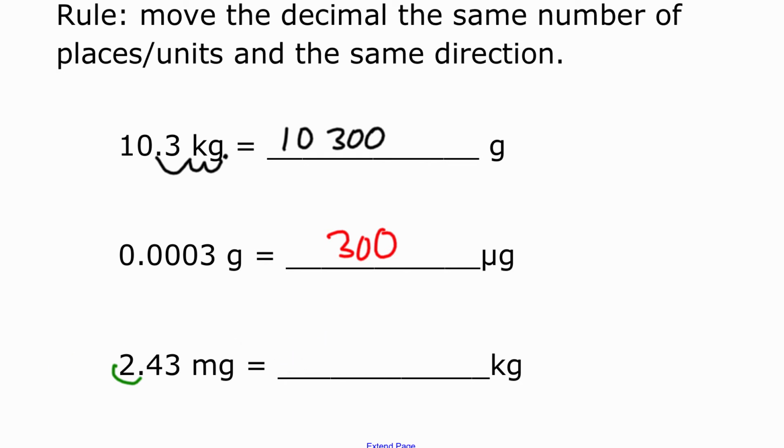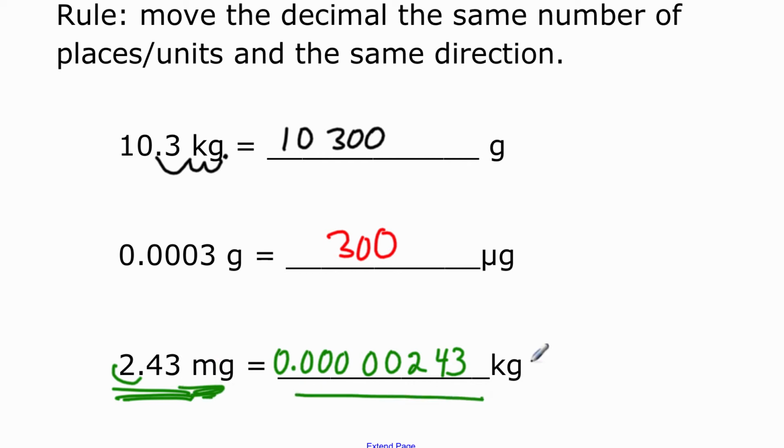So it'll be 0 point, here's my 5 zeros. So this number, I guess this is milligrams, would be the same number as this many kilograms.